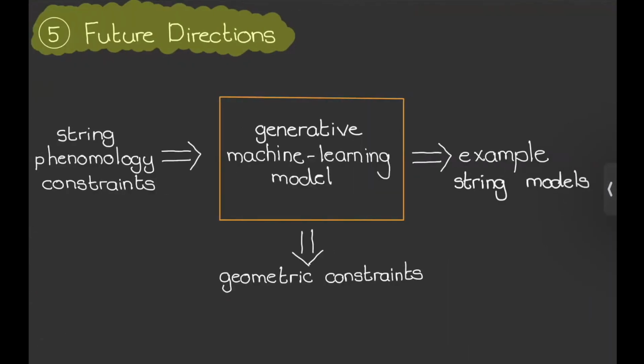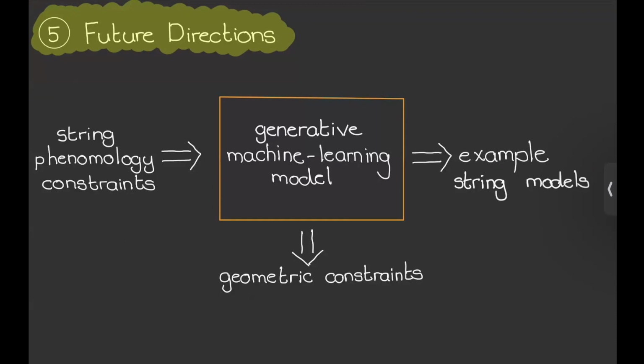And then finally, I just want to comment on the end goal of all of this. This is very much just initial baby steps. But the idea is that in a string phenomenology situation, you have various constraints that you want for your model, and we would like you to be able to input that into some generative machine learning model.